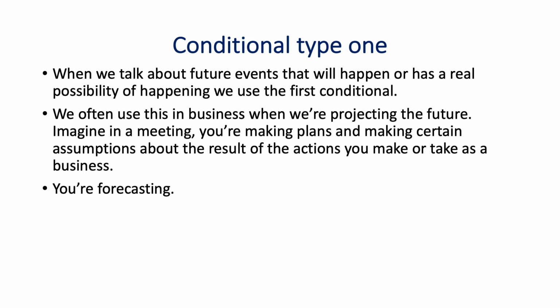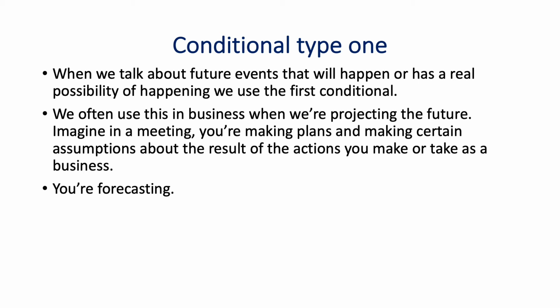Here in the future, of course, we're talking about future events, okay. We often use this in business, okay. We use it heavily, okay, in business contexts, when we are projecting the future. Imagine in a meeting, for example, here you have an example about your business English context.